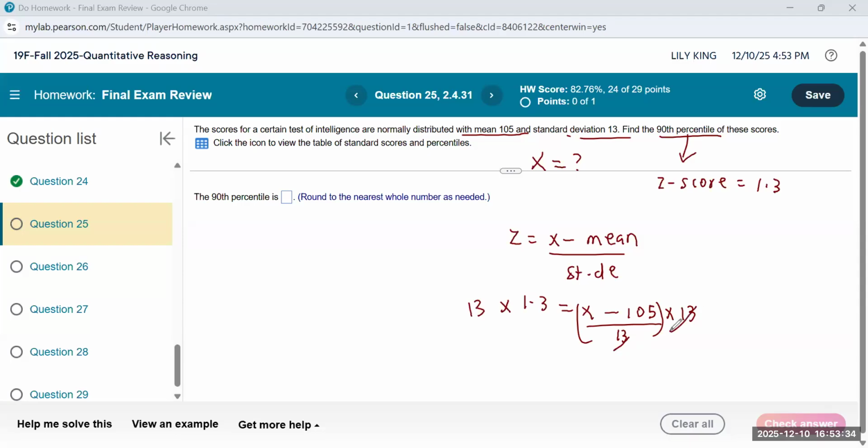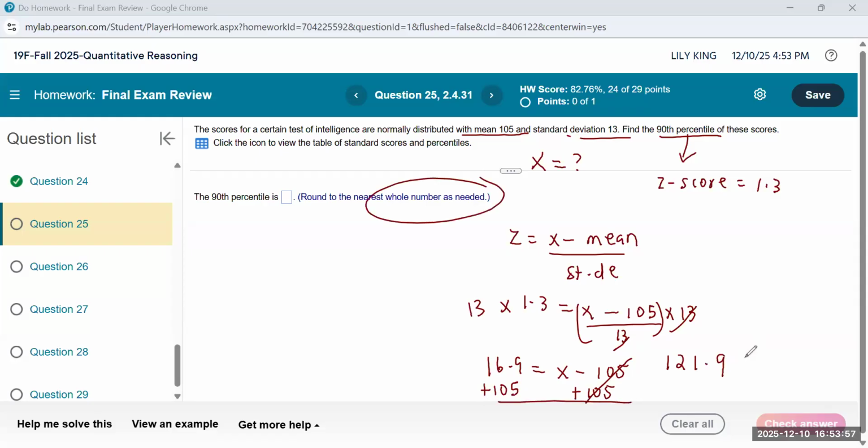So 13 times 1.3 gives 16.9, which equals x minus 105. You add 105 on both sides, which gives 121.9. Rounding to the nearest whole number, we have 122. So the 90th percentile is 122.